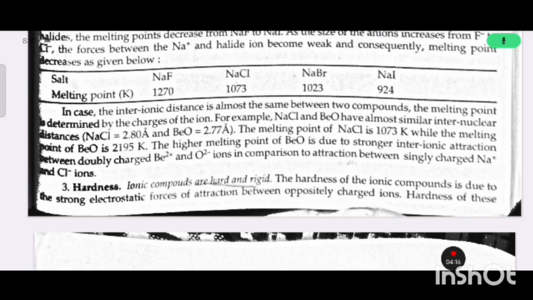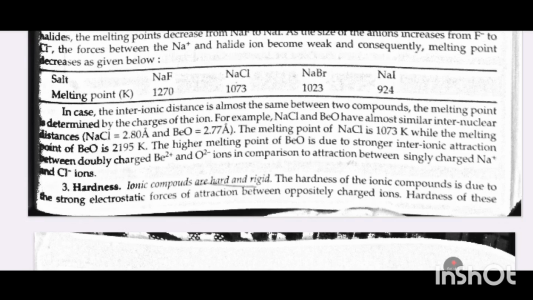In case the interionic distance is almost the same between two compounds, the melting point is determined by the charges of the ions. For example, NaCl and BeO have almost similar internuclear distances. The melting point of NaCl is 1073 Kelvin, while the melting point of BeO is 2195 Kelvin.